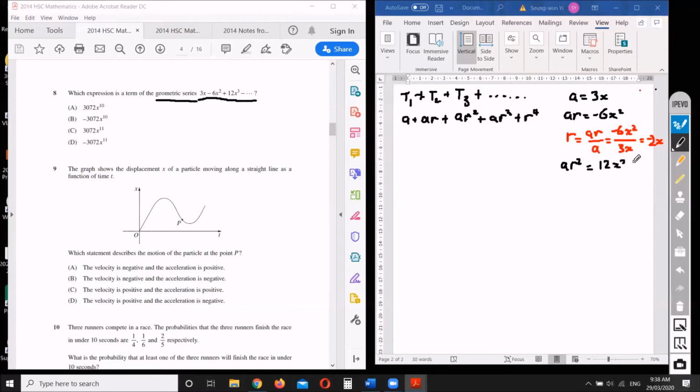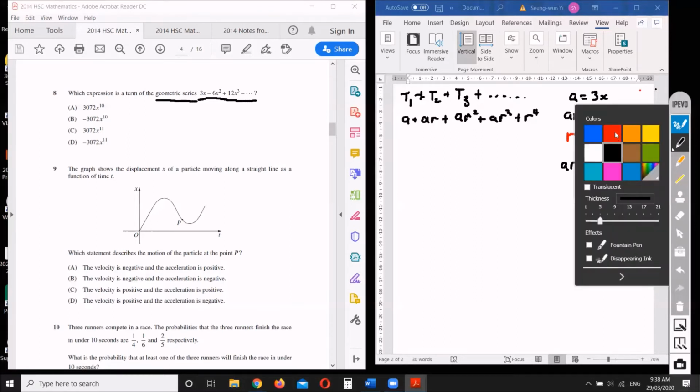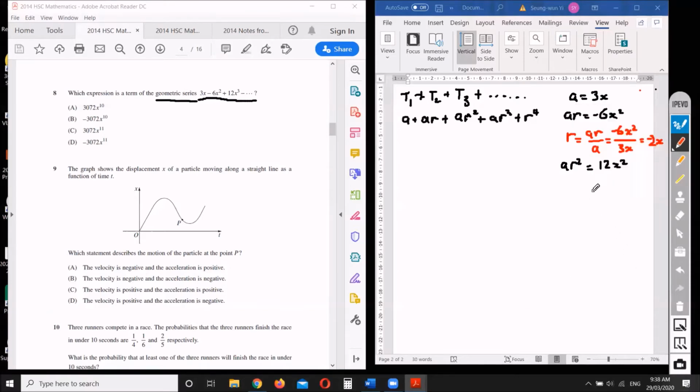So let's confirm that our R is consistent. This is going to confirm whether this is a geometric series or not. Another way to calculate R would be AR cubed over AR squared, in other words this term over this term.